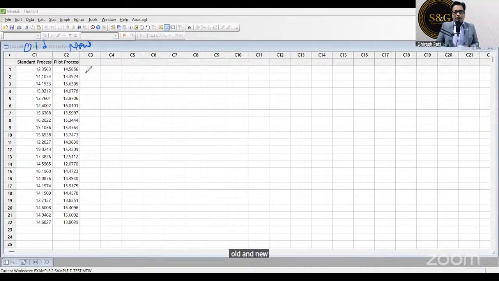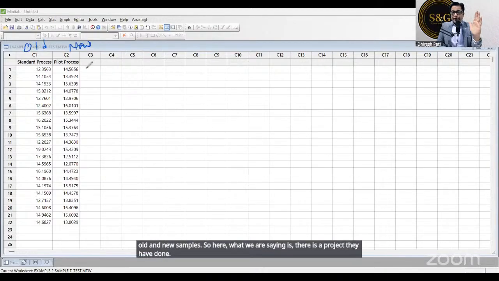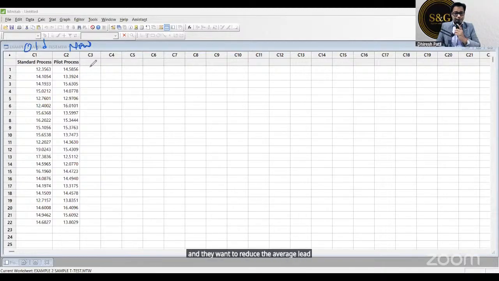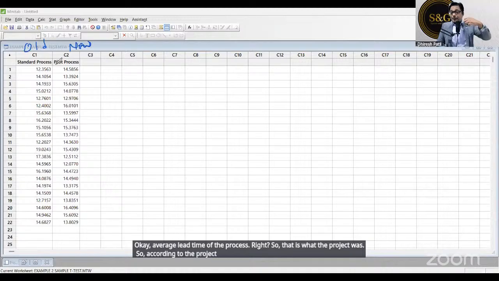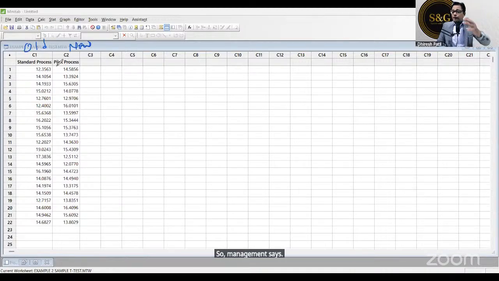So here what we are saying is there is a project they have done and they want to reduce the average lead time of the process. So that's what the project was. According to the project, they have successfully done that. So management says, okay, now can you prove whether there is a statistically significant difference?